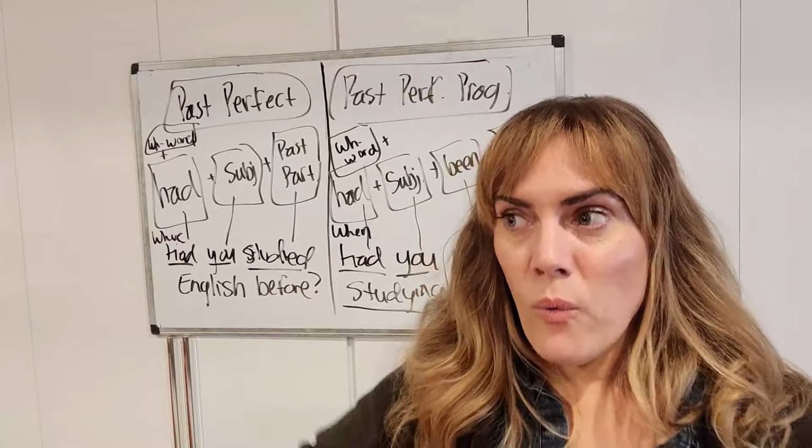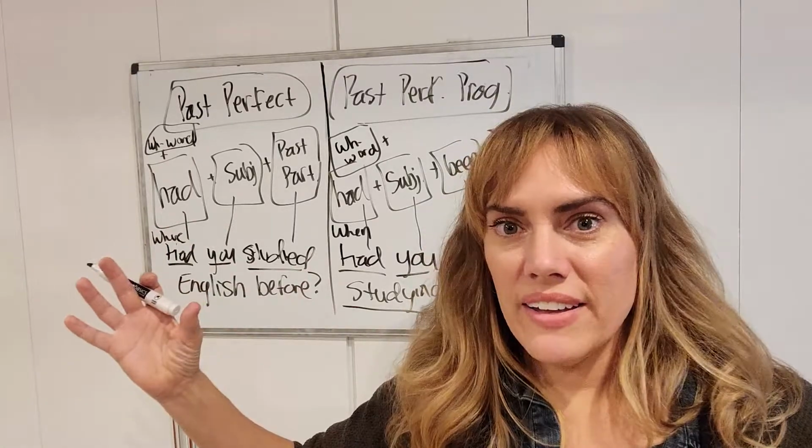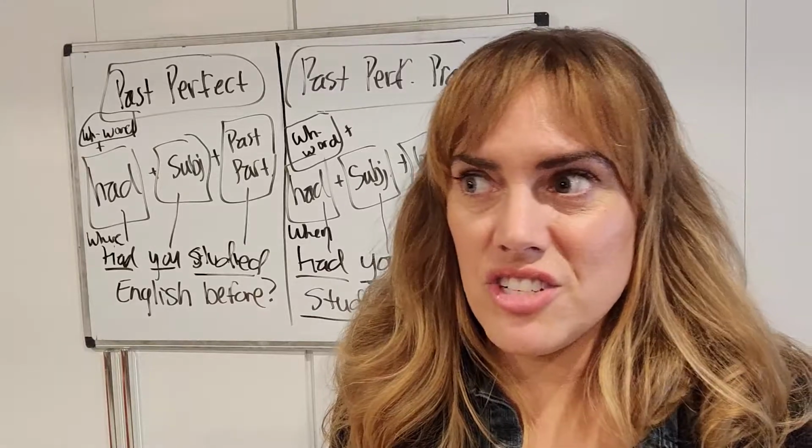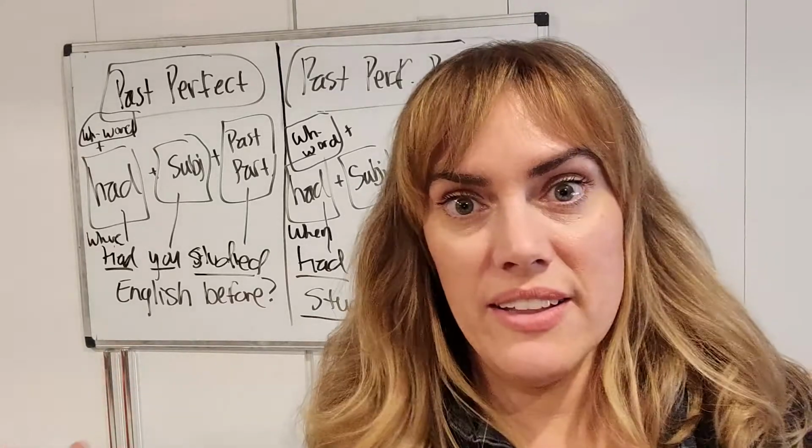Now let's talk about when. Why? Why do we even have this form? Why not just use simple past? Okay, let's talk about it. Honestly, probably 90% of the time, 95% of the time, you can just use the simple past or past progressive if you want to make it progressive, and people will understand you. Your meaning is clear.